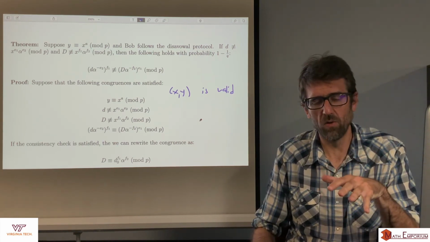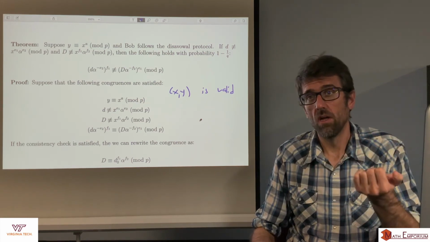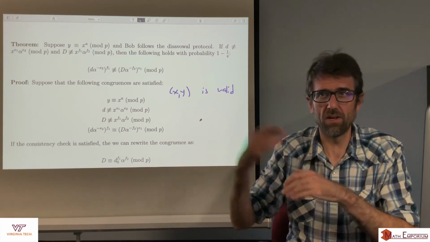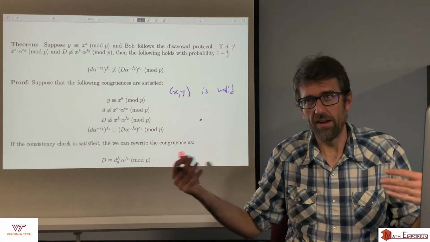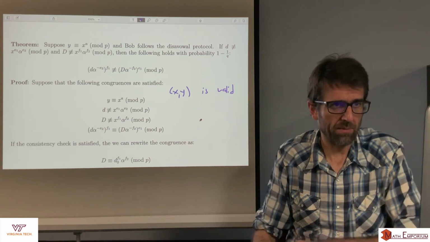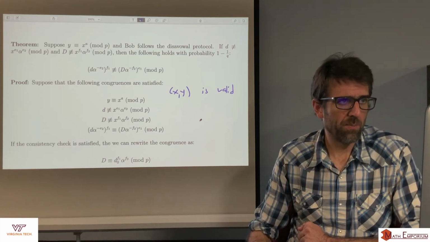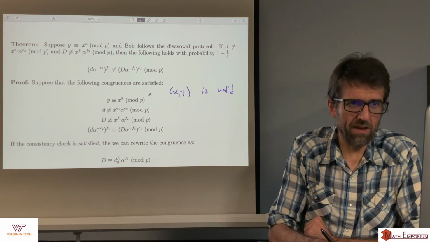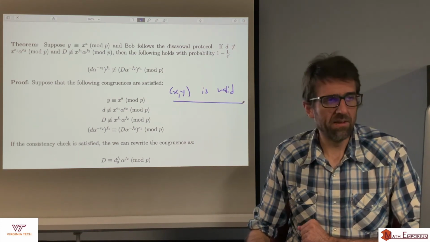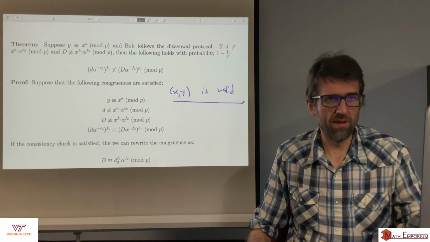Similar to showing that Alice could not complete the verification protocol if we had an invalid signed message, we don't want Alice to be able to give a valid signature and then disavow it later, because Alice would be able to have it both ways and would possibly be able to use that to her advantage. So in this theorem we're going to suppose that xy is a valid signed message pair, which means that y actually is x to the a mod p, and we're going to assume that they follow the disavowal protocol.